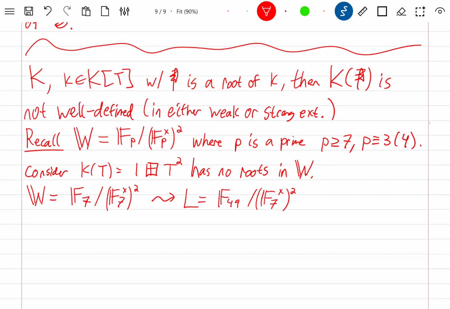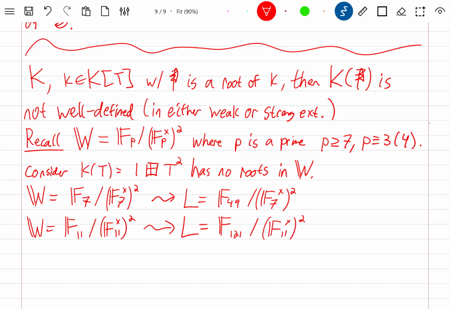So we will consider this as one such extension, and we'll actually prove this is minimal. And then we will take a second quotient structure, considering F11 mod the squares, and then our corresponding extension will be F121 mod F11 squared.